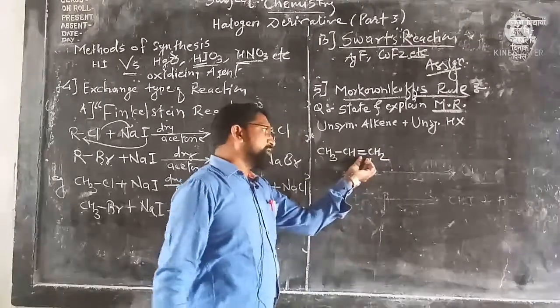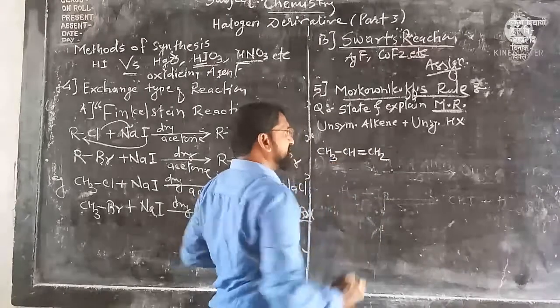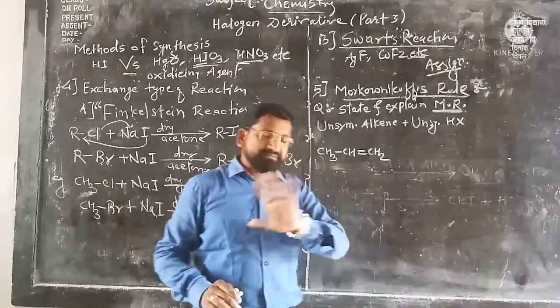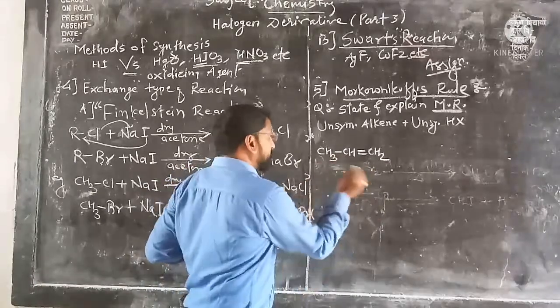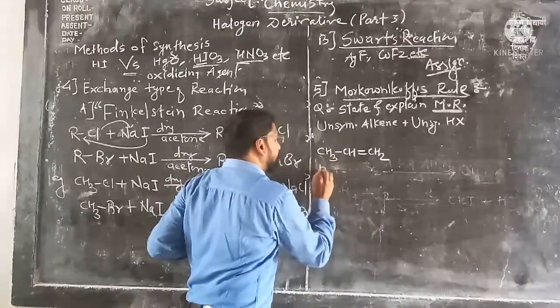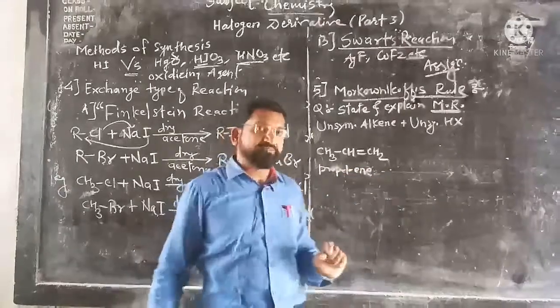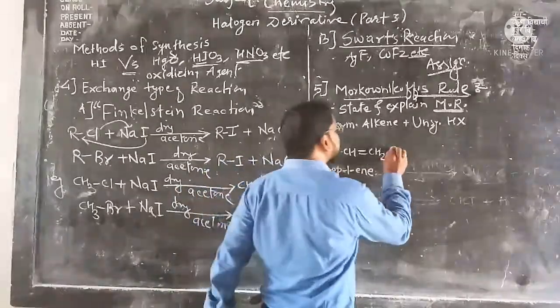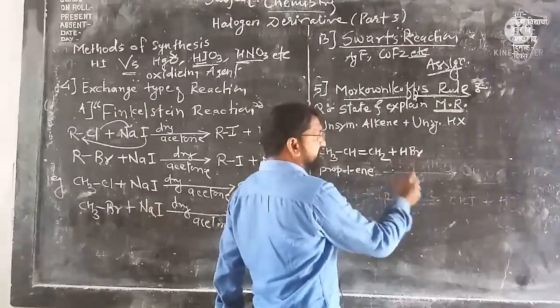Now around this double bond, on this side 1 carbon is there, on this side 2 carbons are there. So equality of number of carbons is not there, therefore such types of alkenes are known as unsymmetrical alkene. So it has a name propene. Go through the 11th standard chemistry, you will find the nomenclature, plus HBr. Okay, this is the unsymmetrical reagent.